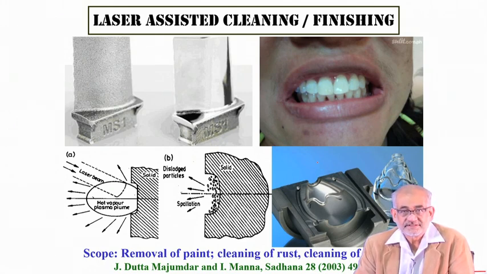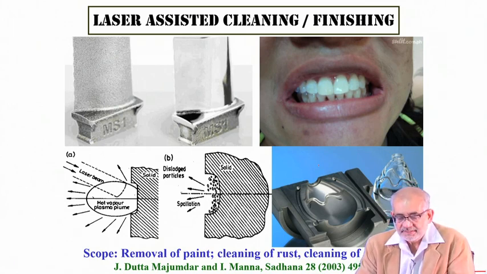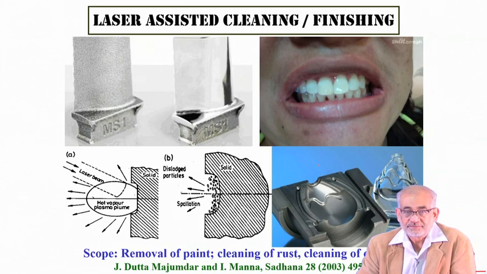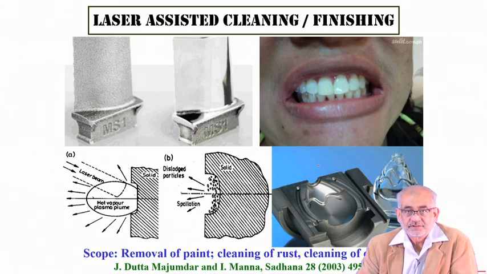Those objects develop certain rust or certain chemical coating over a period of time by way of interacting with the atmosphere. You know, some kind of sulfide or carbonate layers can form which cause discoloration.